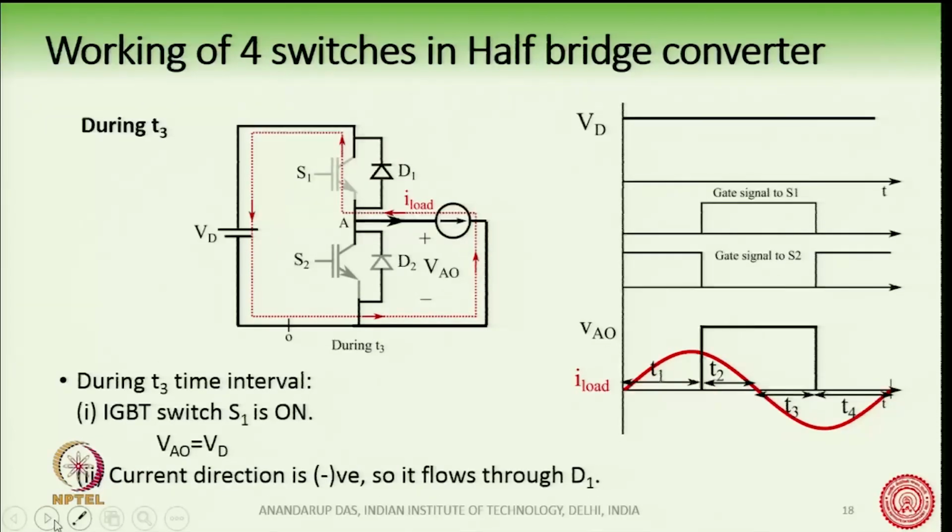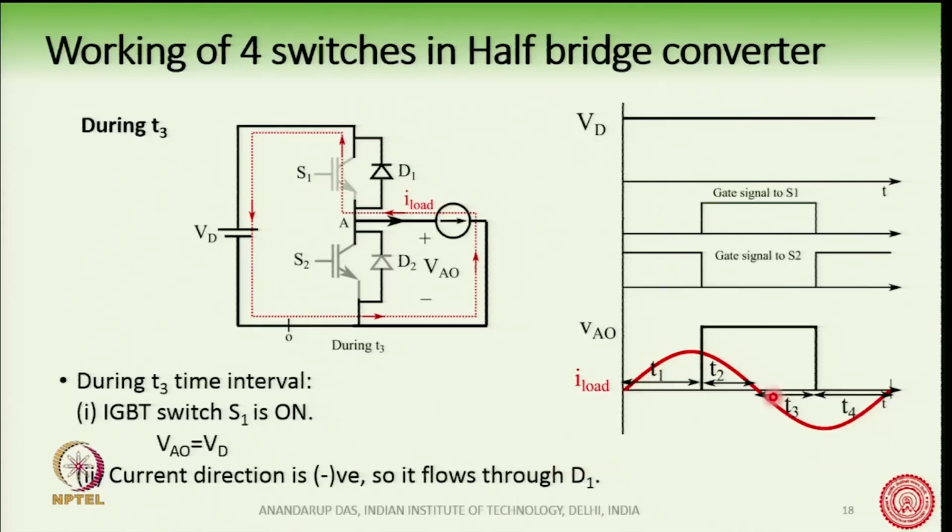Next, let us see the case during time interval T3. So, we are looking now into this time interval T3. During this time, we see that the gate signal has been given to switch S1 while the current is negative. So, since the gate signal has been given to S1, either S1 or D1 will be conducting here.